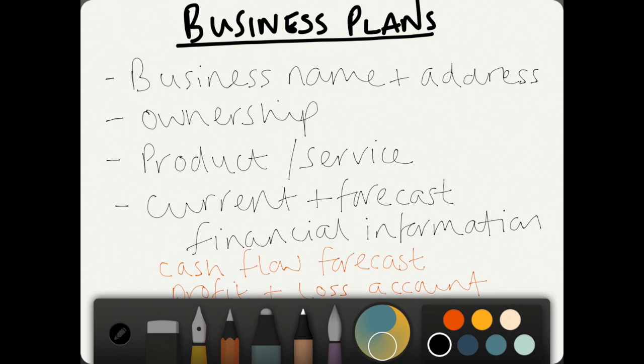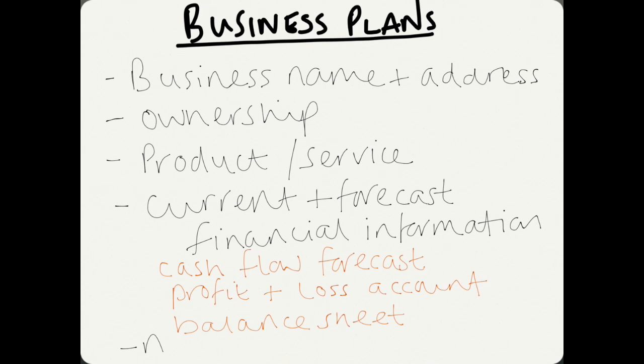And one last thing that may be included in a business plan is any market research that the business has carried out. So where it's gone and found information from potential customers. You need to think about why the bank would want to see this sort of information when it's deciding whether or not to give the business a loan.